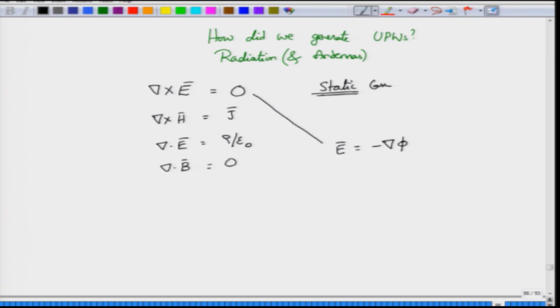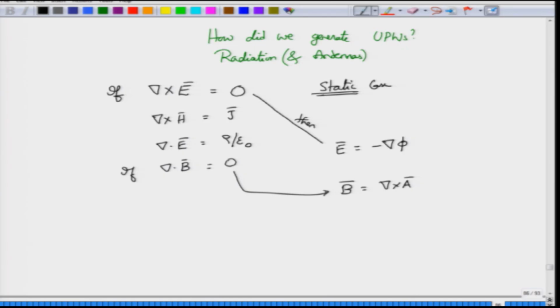So, do not worry about the minus sign, but remember that this can be done, because the gradient of a scalar gives you a vector field. Another theorem from vector calculus tells you that if the divergence of a vector field is equal to 0, then you can express that vector quantity as the curl of another field.